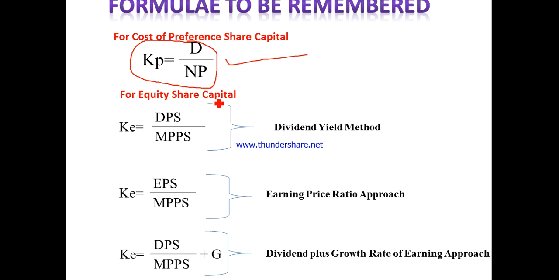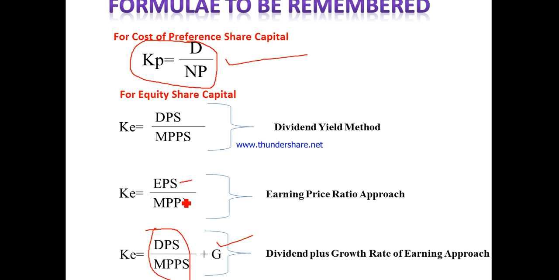In the case of the cost of equity share capital, there are three methods. One is the dividend yield method, another is the earning price ratio approach, and the third is the dividend plus growth rate of earning approach. The first is DPS divided by MPPS, and the third is also DPS divided by MPPS, with only the plus growth rate additional. In the second, it is EPS divided by MPPS.